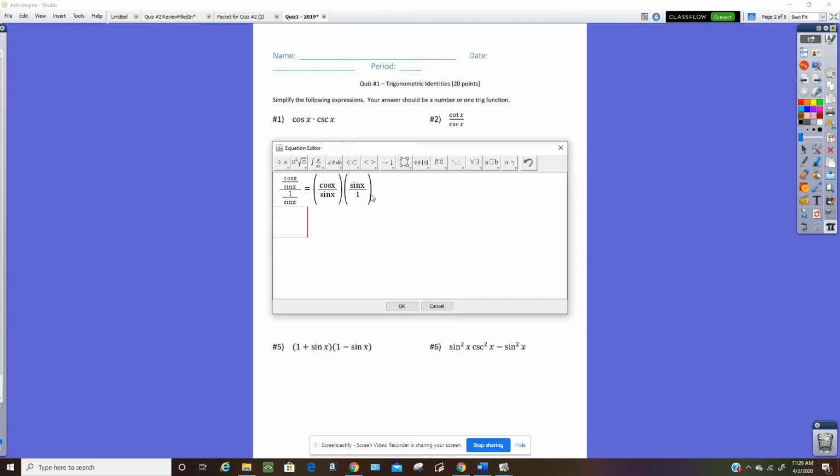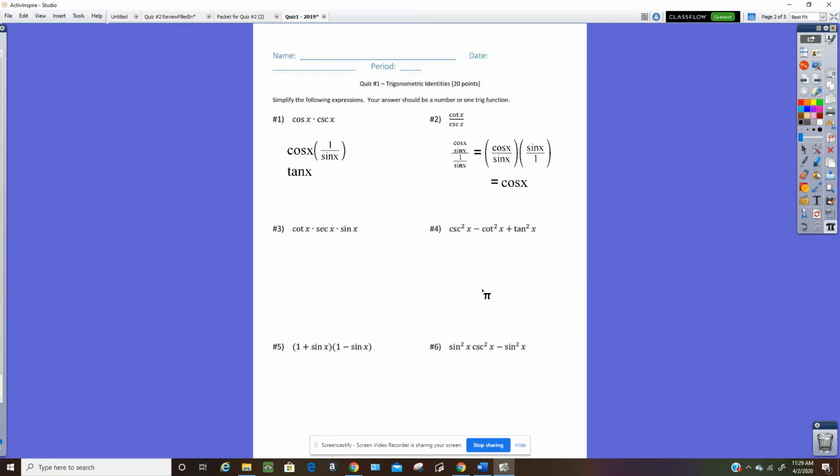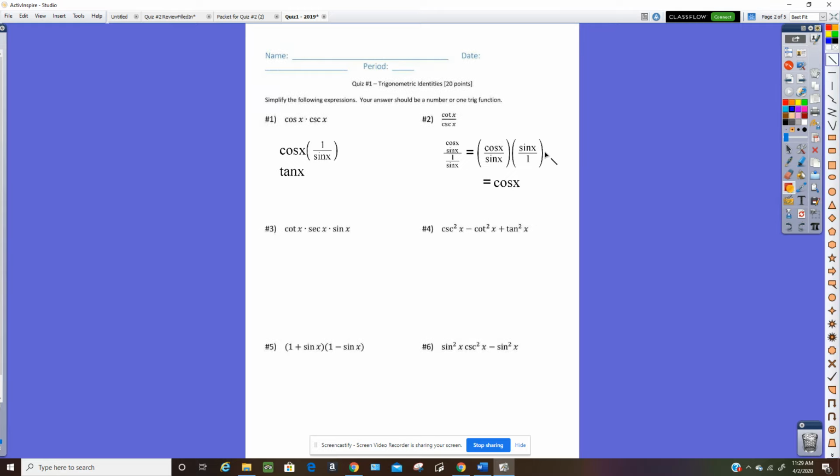So the sine x cancels here. So these two are going to cancel, and I end up with cosine x. So these two right here are going to cancel here. So I end up with cosine x.